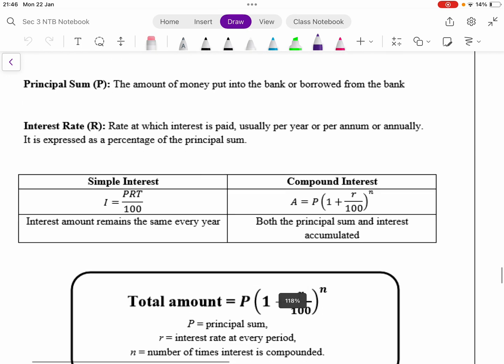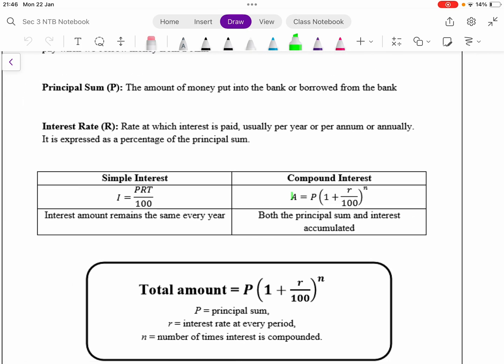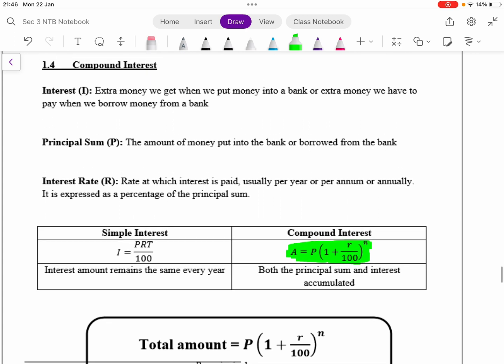So the formula for compound interest is this formula here, where A is your total amount, P is your principal, and you have 1 plus R over 100, bracket N. From here, your interest is I, your principal sum is P, and your interest rate is R. The interest rate is the rate at which the interest is paid, either per year, per annum, or annually.